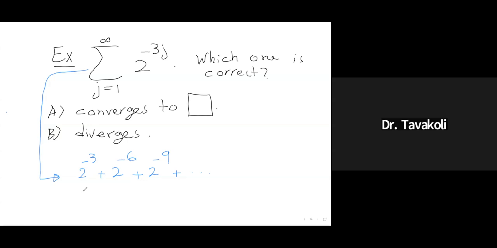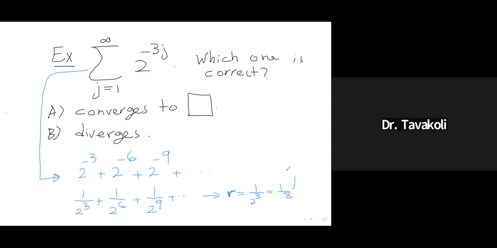As you know, the first term means 1 over 2 cubed. 2 to the power of minus 6 means 1 over 2 to the power of 6. And 2 to the power of minus 9 is 1 over 2 to the power of 9. Can you see what the common ratio is? The common ratio obviously is 1 over 2 to the power of 3, because 1 over 2 to the power of 3 is multiplied by every term to give me the next term.